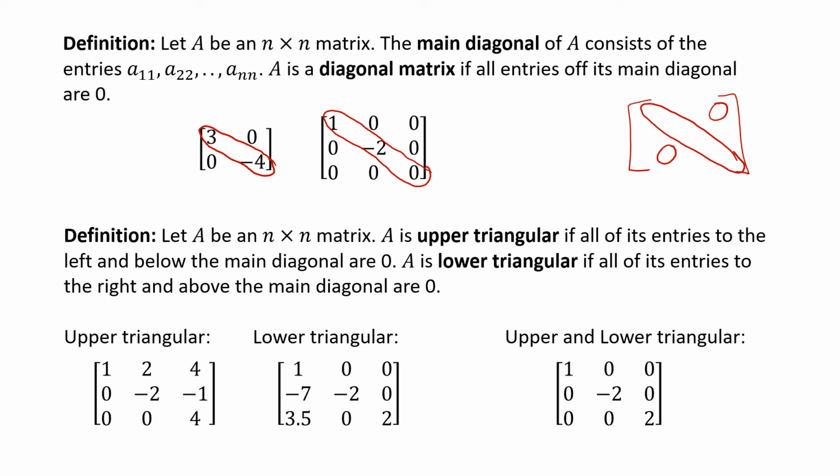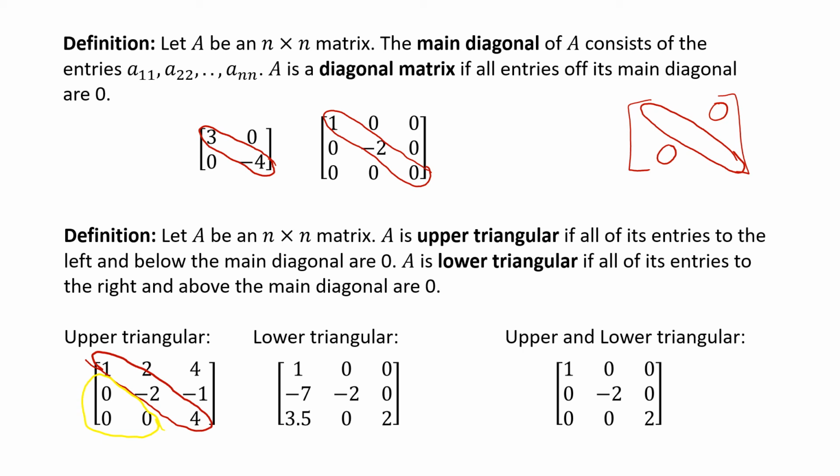So a matrix is upper triangular if all of the entries to the left and below of the main diagonal are 0. So this first matrix is upper triangular because we have the main diagonal. Everything down below it, all of this stuff, is 0. So everything below the main diagonal is 0.